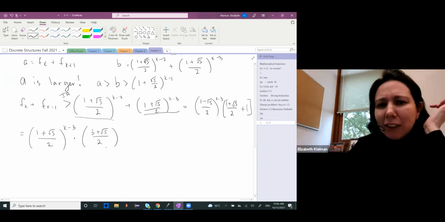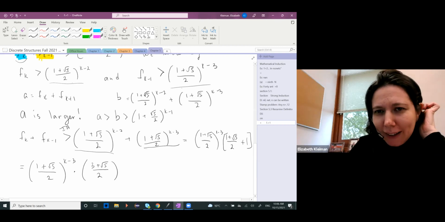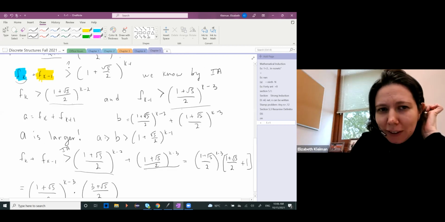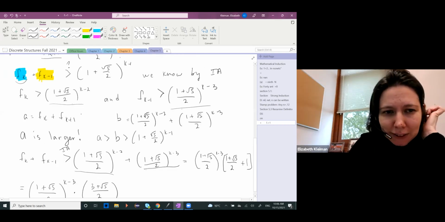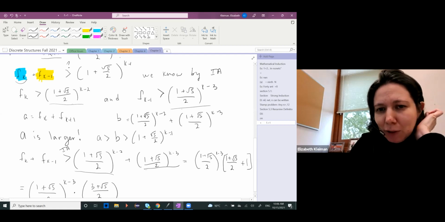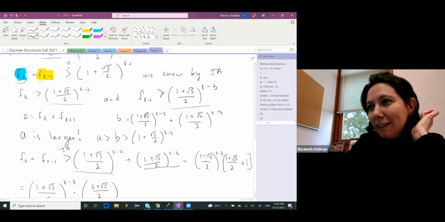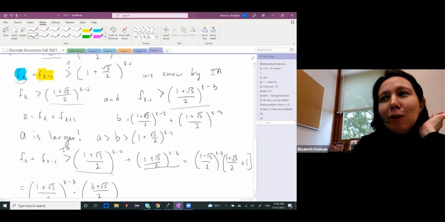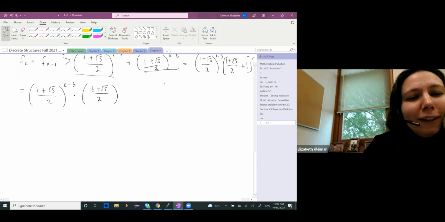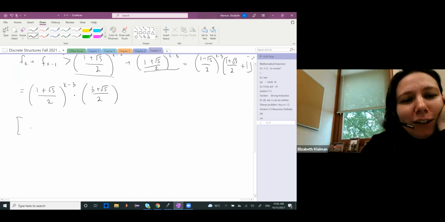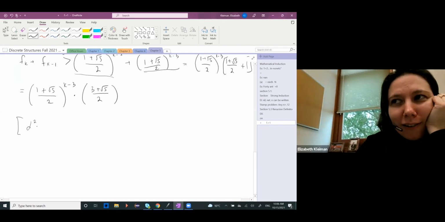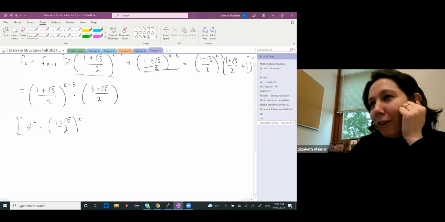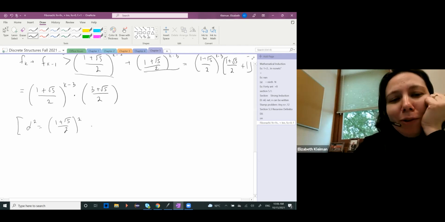I somehow want to connect it to, where is that? K minus 1, correct? I'm going to show you a cool, interesting observation. Alpha squared, yes, is (1 plus square root of 5 over 2) squared, correct? Let's compute it.